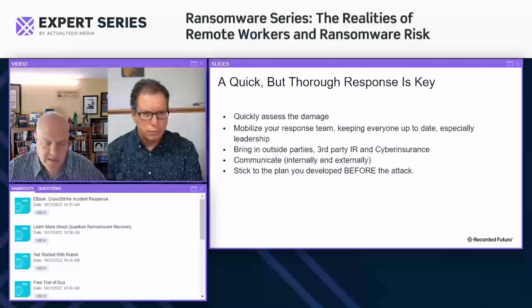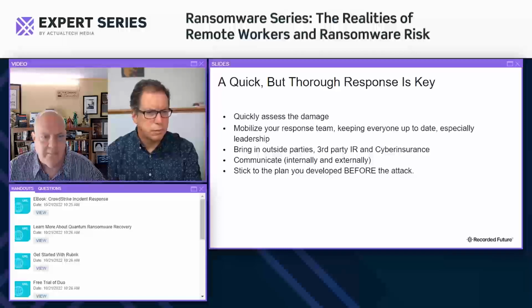get most of the critical systems back up and running and kind of hobbling along, usually in 1 to 2 weeks, sometimes a little bit earlier, but 1 to 2 weeks is what I usually see.